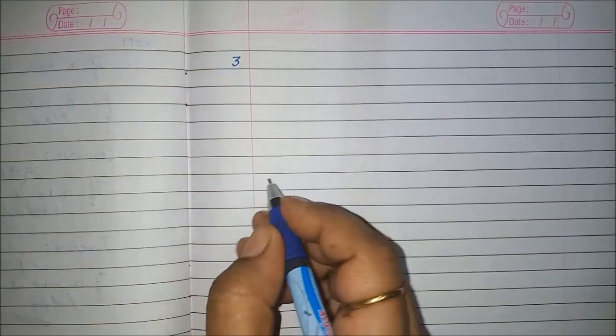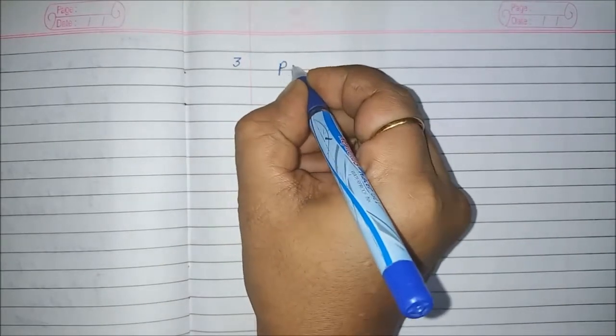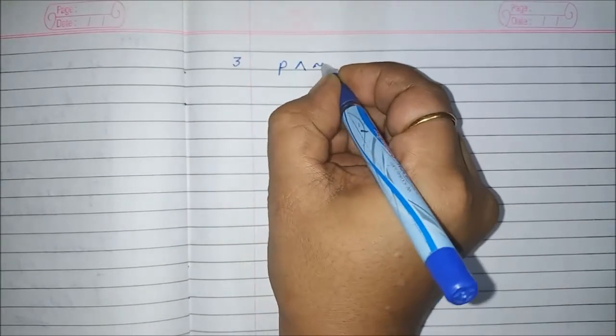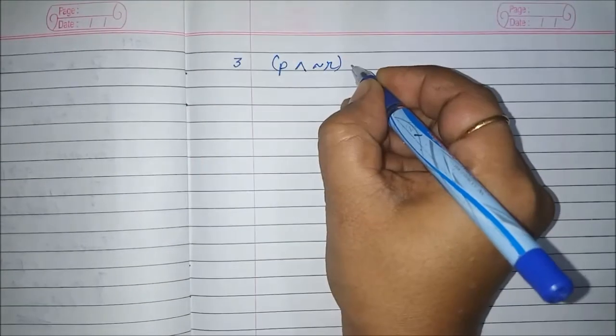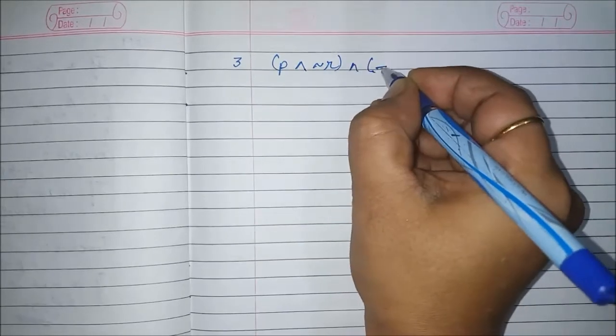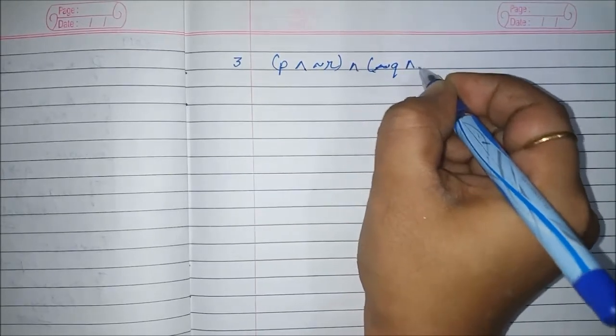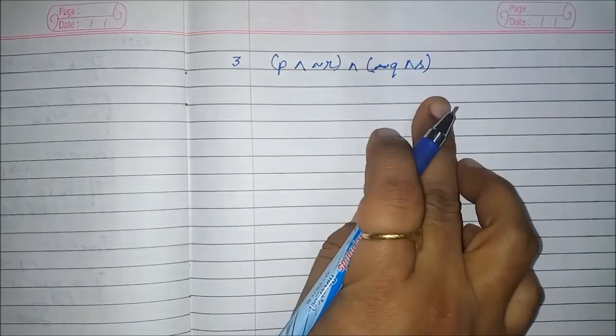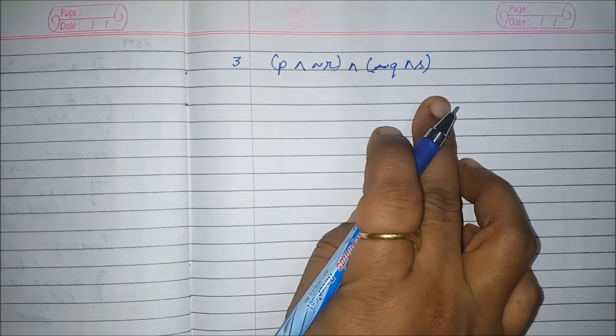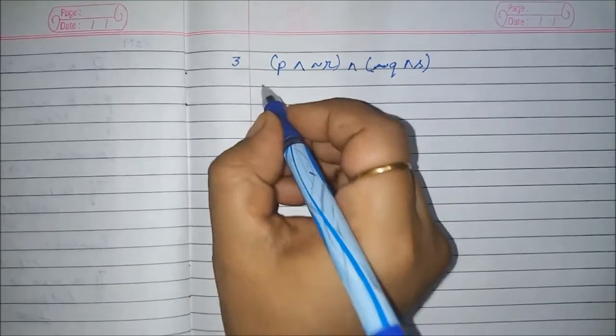Now see the third question of year 2019. Question is: if P and Q are true statements and R and S are false statements, find the truth value of the following. The statement pattern is given: P and not R and not Q and S. So this is the statement pattern and we have the truth values of these.